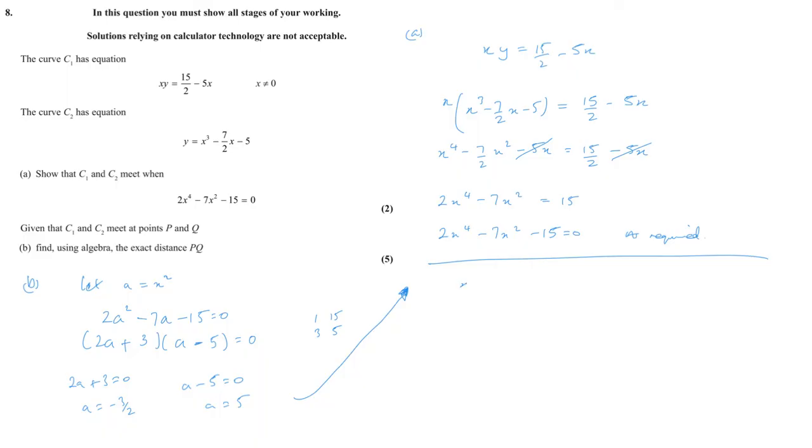A is x squared, so x squared equals minus 3 over 2, or x squared equals 5. This is impossible, the minus 3 over 2, so we've got x equals plus or minus root 5. So that's my x coordinate.